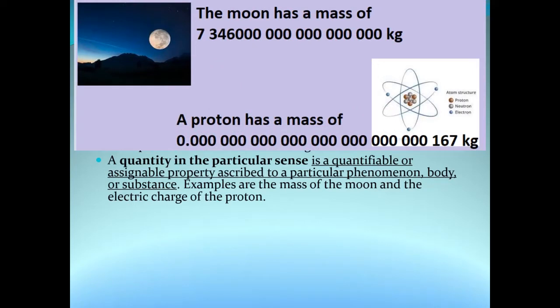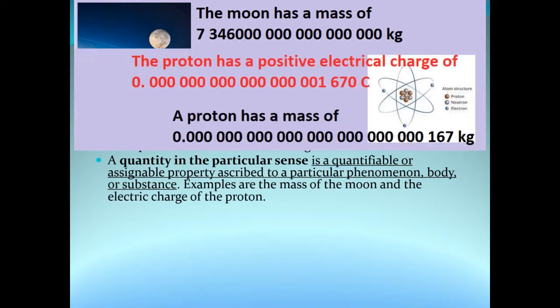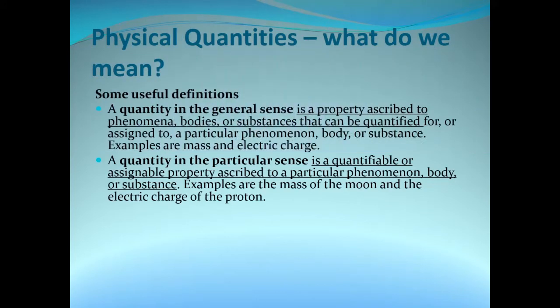So I'm ascribing a number, and I'm saying what that quantity of the mass is for the moon and a proton. And for the proton, I can also assign an electrical charge. It has a positive electrical charge of 1.67 times 10 to the minus 19 coulombs. So I've assigned quantities to these particular objects.